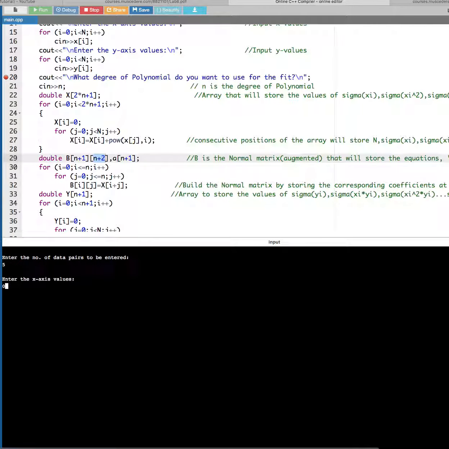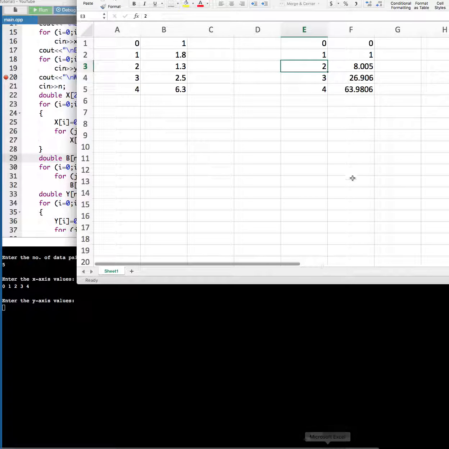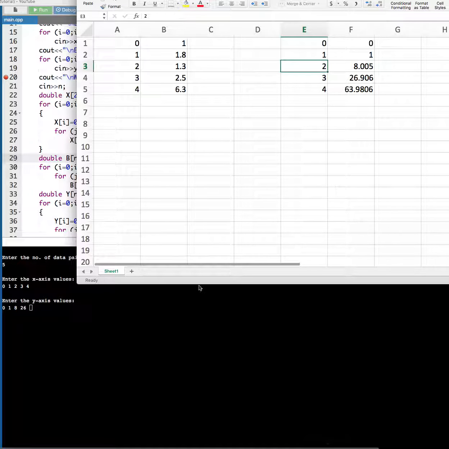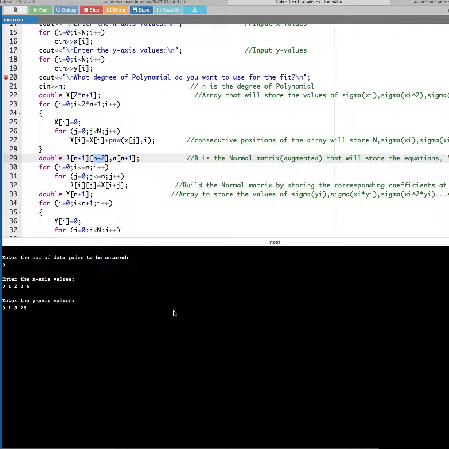5, 0, 1, 2, 3, 4, and let's try the same data. 0, 1, 8, 26, 63.